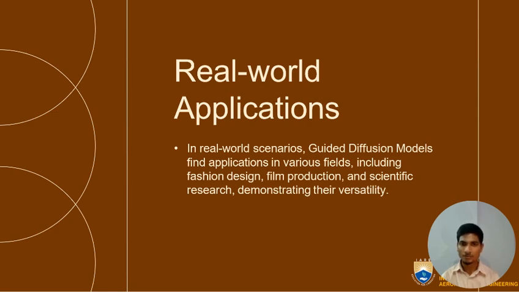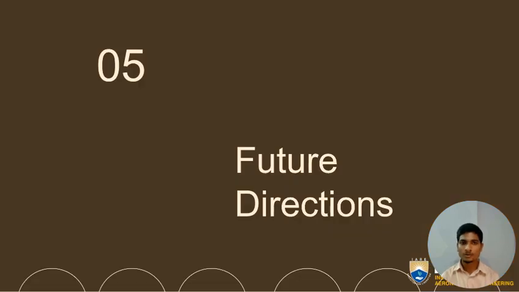From this, the topic is concluded: enhancement of process and performance and creating AI, and how it will be useful in our future generation and how it will be updated. Now topic number 5, future directions.